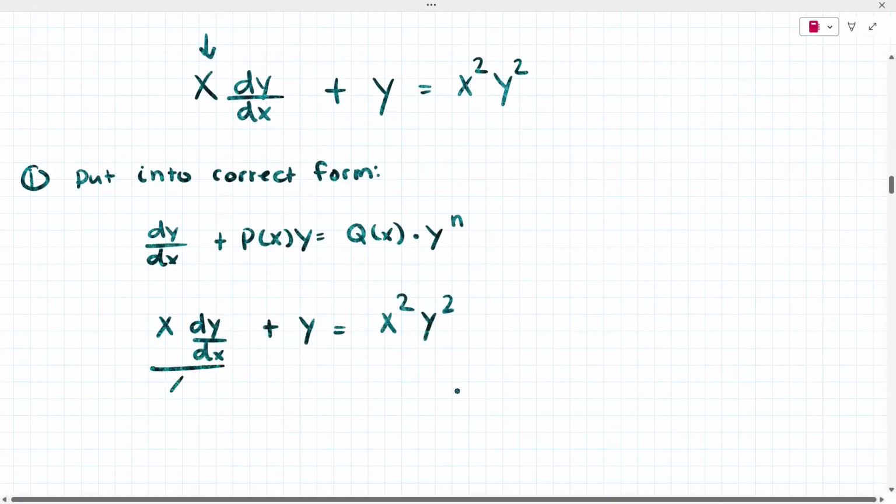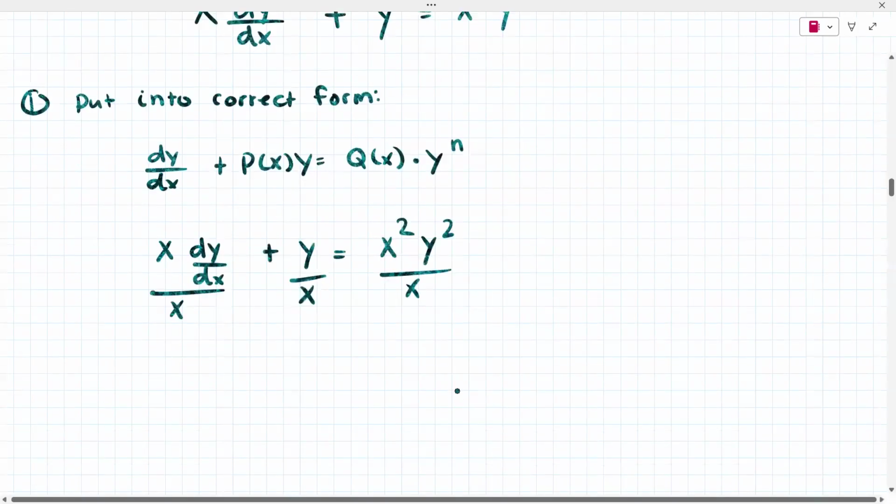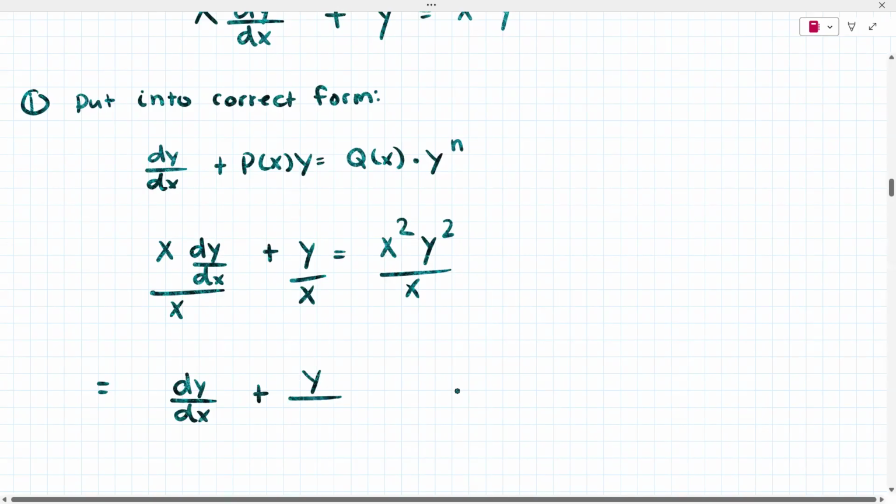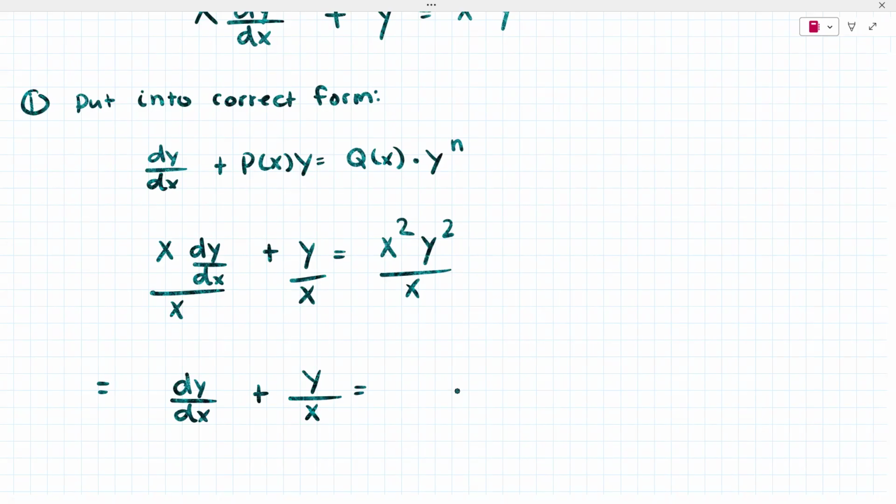Now you've got dy over dx plus y over x equals x squared over x, which is x, times y squared.